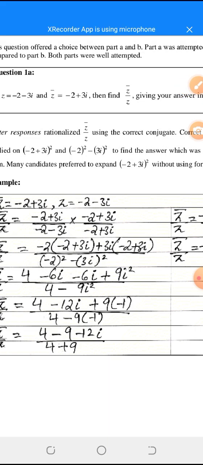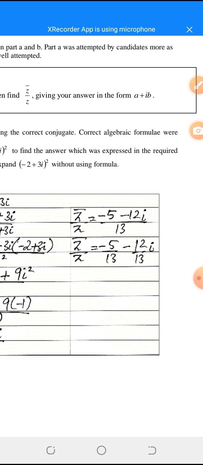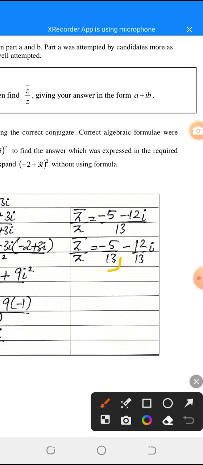You can see here as well, negative 5 over 13 minus 12 over 13 iota. This is the standard form. This will be A, and this will be B. If I ask you which one is A here, the real part is negative 5 over 13. And if I ask you about the imaginary part, here it is negative 12 over 13.